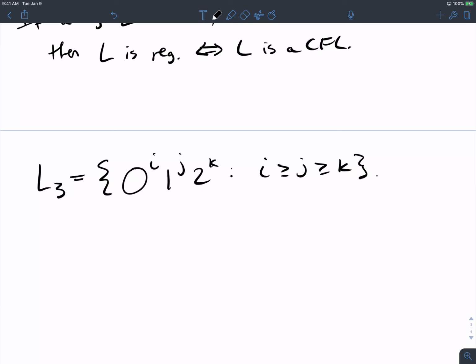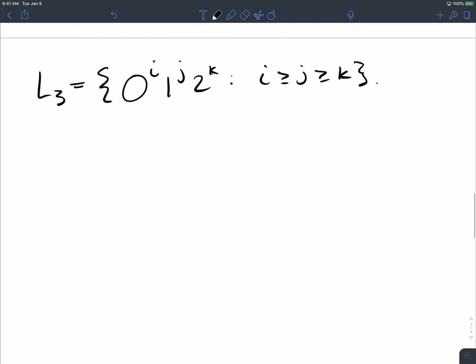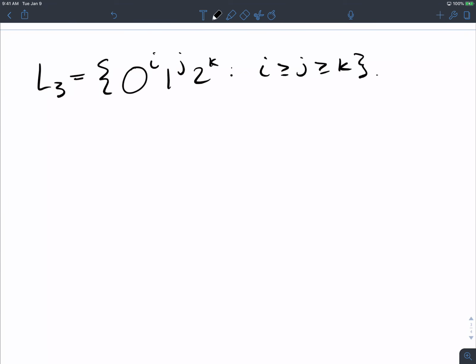This is not the same thing as n in the exponent. Here we could have more zeros than ones. I can't have fewer zeros than ones, obviously, but I have to have at least as many.